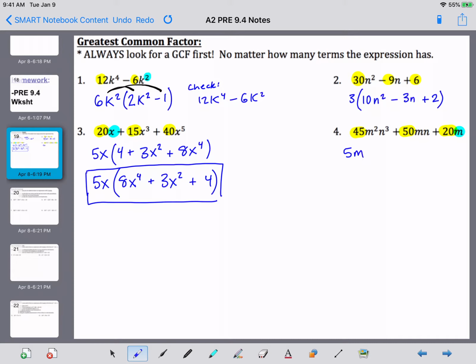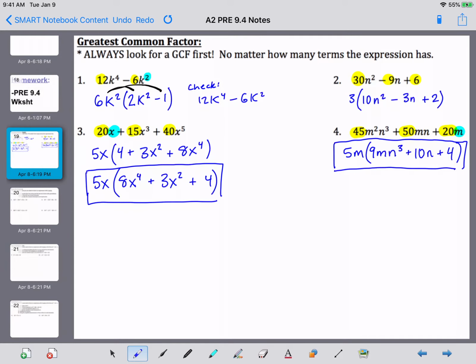And then notice that not every term has an n in it, so we're not going to take any n's out. 45 divided by 5 is 9, and then I took an m out, so I have m to the power of 1 and n cubed. 50 divided by 5 is 10. I took the m out, so I just have 10n. And then lastly, 20 divided by 5 is 4. Since I took the m out of there, that's all I've got left. And that is factored.